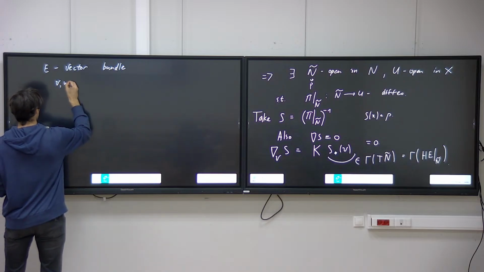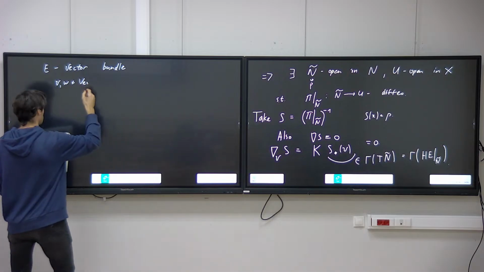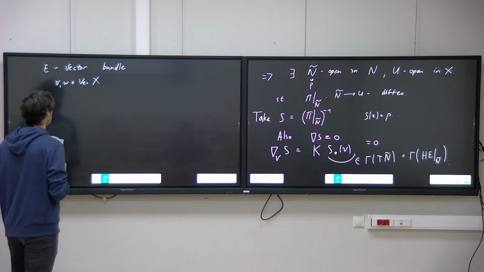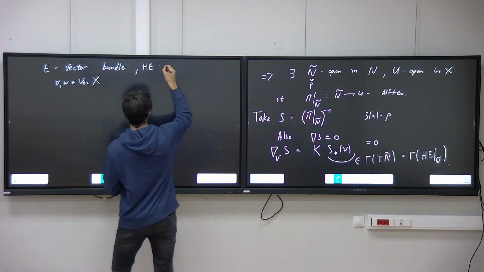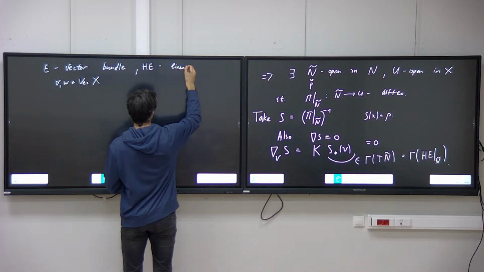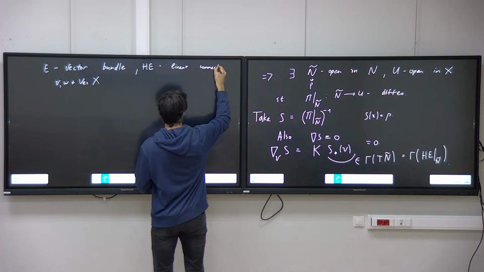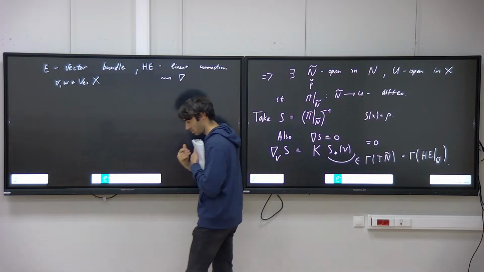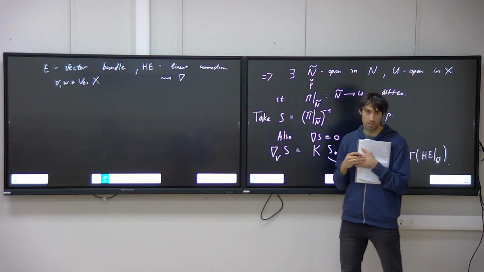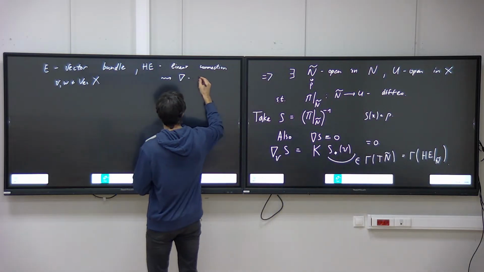If I have V and W, vector fields on X, and suppose I have E, which is a vector bundle, and I have HE, which is a linear connection in the sense that we discussed last time, which means that I actually have this nabla in the old sense, an affine connection.